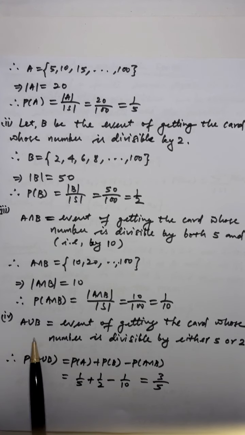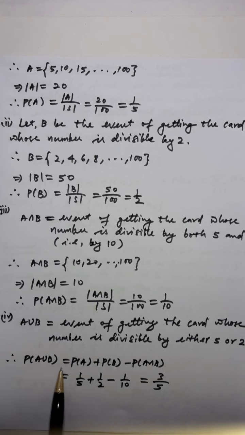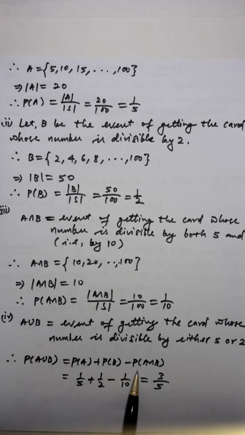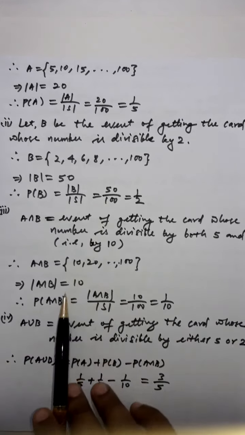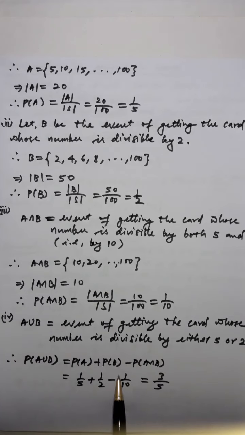Better to use the formula for A union B probabilities: probability of A union B is probability of A plus probability of B minus probability of A intersection B, because all these three factors we have already calculated in previous steps. So now we can use it to get the answer. Now put the values here, calculate it, and you will get the probability of A union B as 3 by 5.